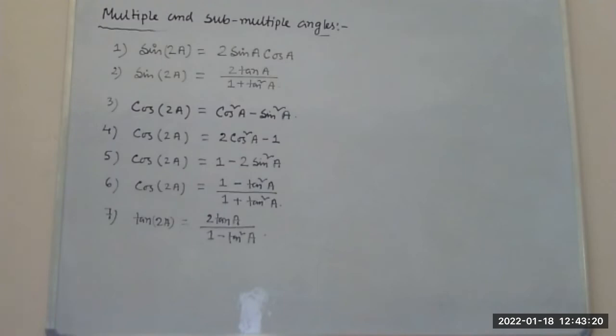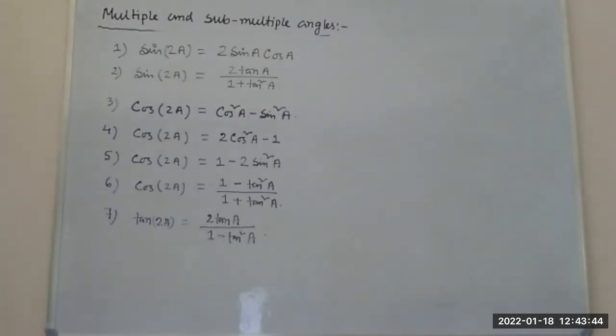That means for sine 2a, there are two formulas: one involving sine and cos, another involving tan. For cos 2a, there are four formulas. Number one involves sine and cos. Number two involves only cos. Number three involves only sine.